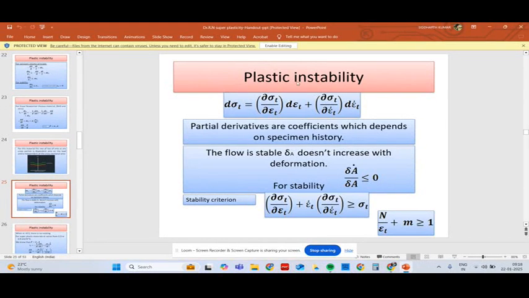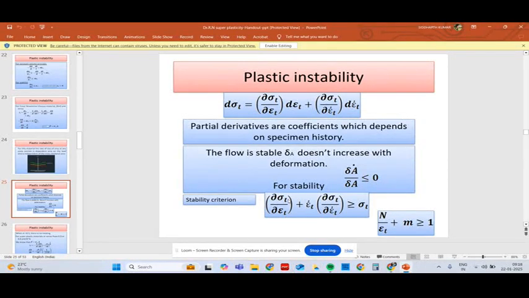For plastic instability, d sigma is given by partial derivative of sigma with respect to strain into d epsilon plus partial derivative of sigma with respect to strain rate into d epsilon dot. For stable flow, del A dot by del A should be less than or equal to 0.